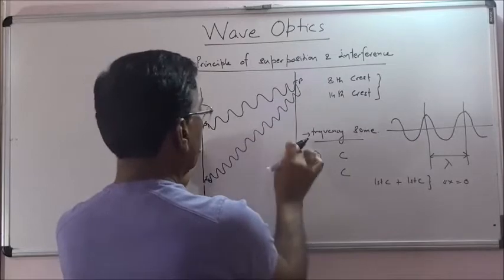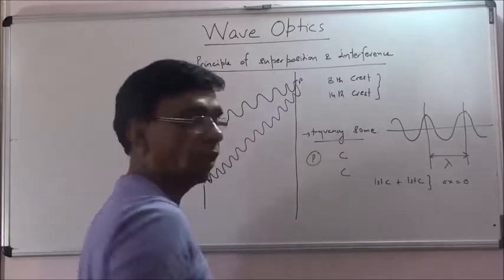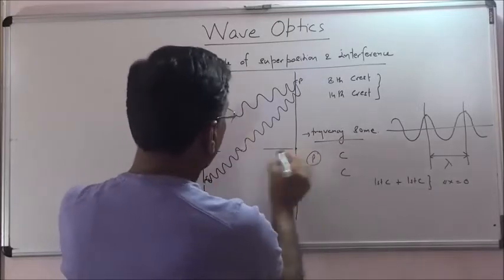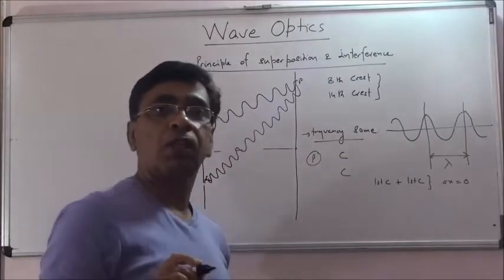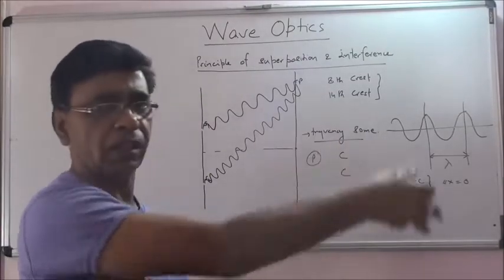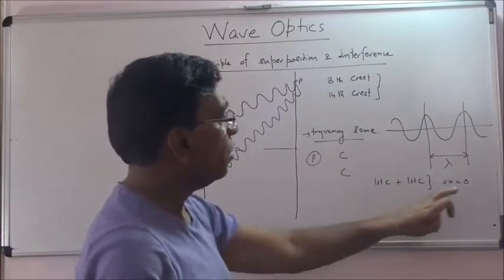So it can be only here when the two waves are covering the same distance. If I take this point here, one wave will come here, one wave will come, both will cover same distance. So the order of crest will remain same. It will be 5th, 10th, whatever. So del x is 0.